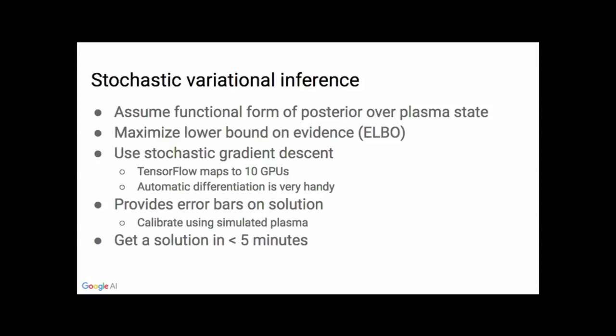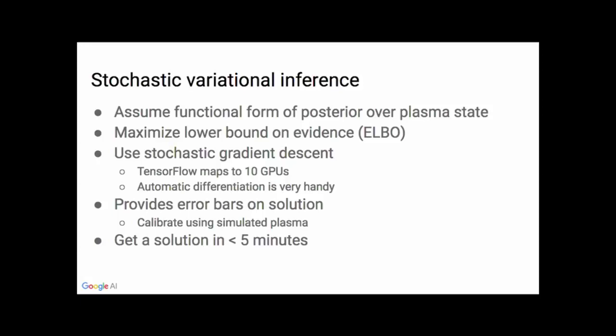You may be familiar with this from variational inference. We maximize the ELBO, the lower bound of the evidence, and we use stochastic gradient descent. And the nice thing is we use TensorFlow. TensorFlow is a nice way to parallelize gradient descent. So we map this Bayesian inference to 10 GPUs and essentially do variational inference.